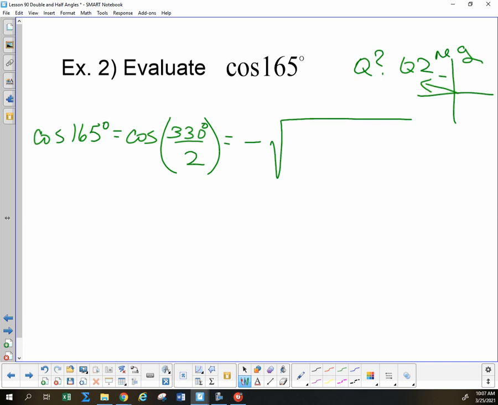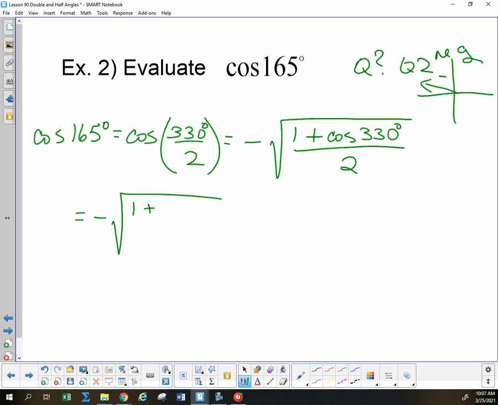Now we're simply going to put in our formula. It's always 1 either plus or minus the cosine of that new angle that's in the numerator over 2. And when it is cosine, it stays with the plus sign in there. So now all we have to do is keep our minus sign, plug in and evaluate.